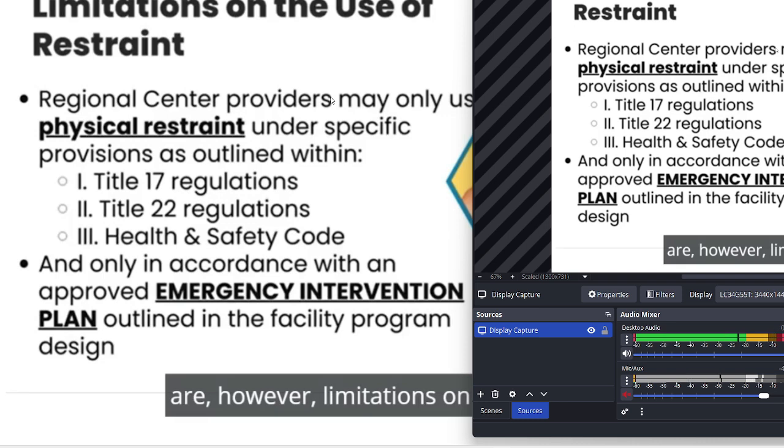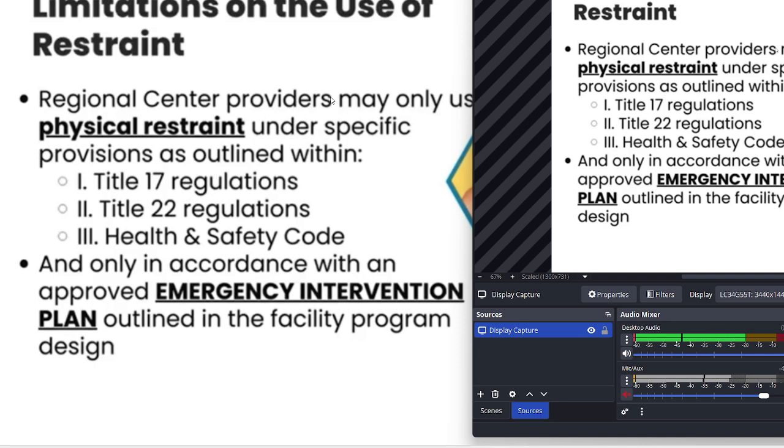There are, however, limitations on the use of physical restraint. Regional center providers may only use physical restraint under very specific provisions as outlined under Title 17 regulations, Title 22 regulations, as well as the Health and Safety Code.